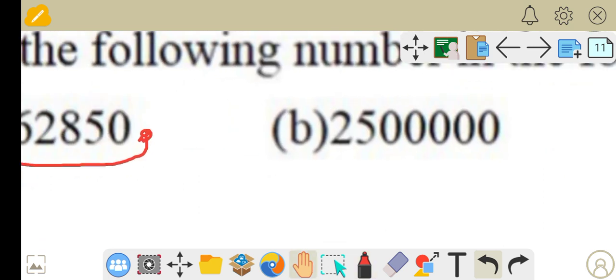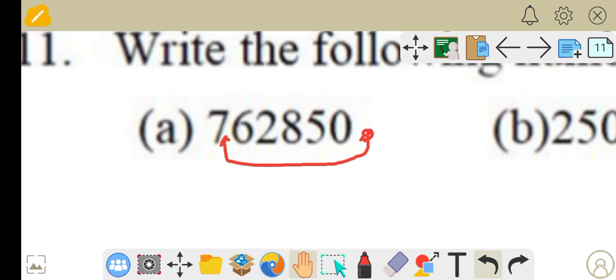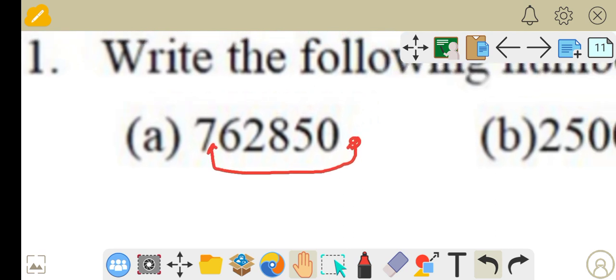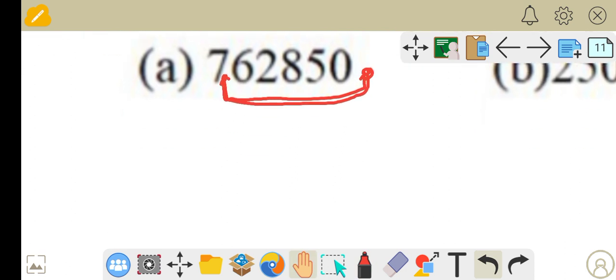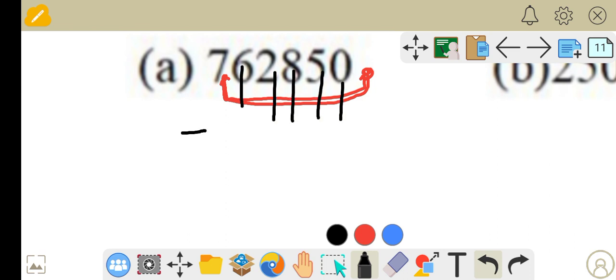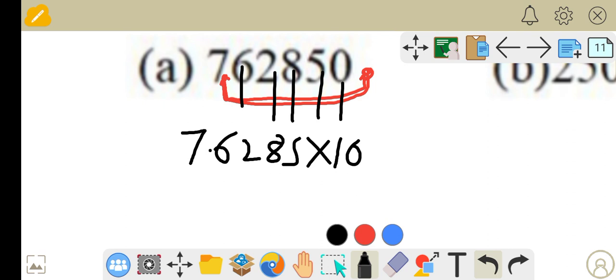So we need to write the first number as 7.6. So we need to move the decimal from the last place to the second place. For doing this, we need to pass how many digits? We need to pass 1 2 3 4 5 digits. So we can write it as 7.62825 into 10 to the power 5.